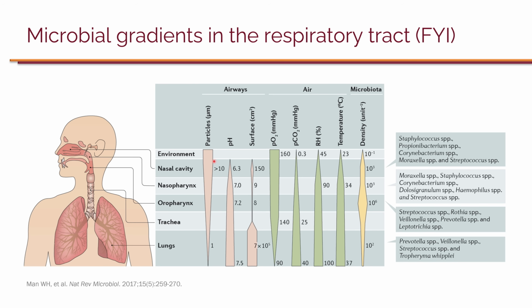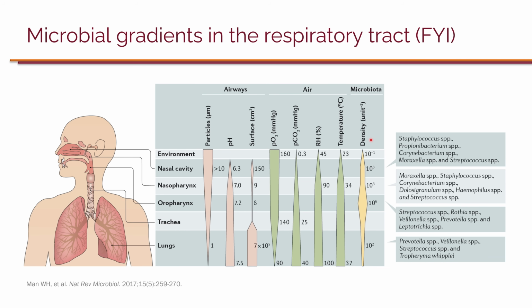Of note is that the pH actually increases as you go deeper, which means that, in general, the acidic environment helps prevent the presence of organisms, but as the acidic environment reduces, it creates an opportunity for bacteria to grow. However, there are other mechanisms to prevent bacteria from going deep into the lungs. So there are, for example, coughing and other ciliary movement that prevent the movement of bacteria into the lungs.